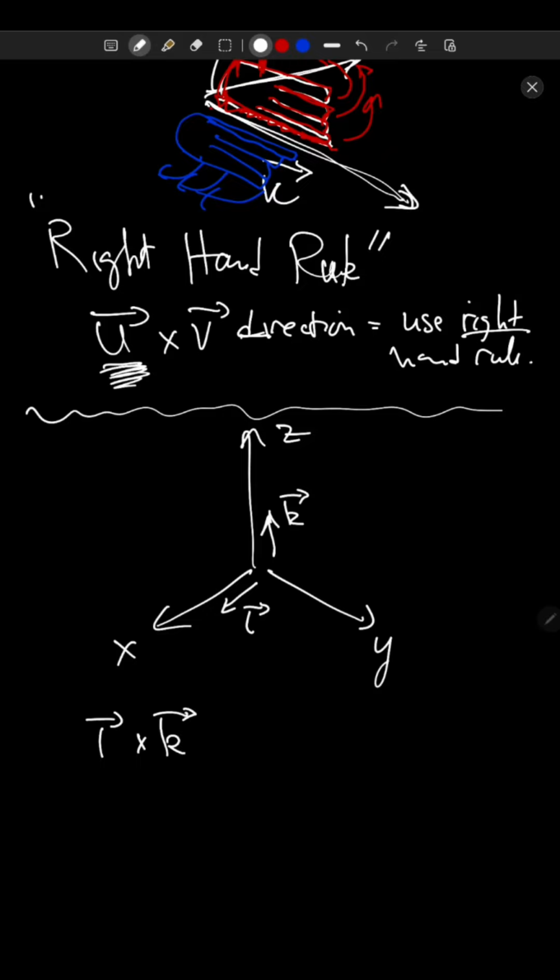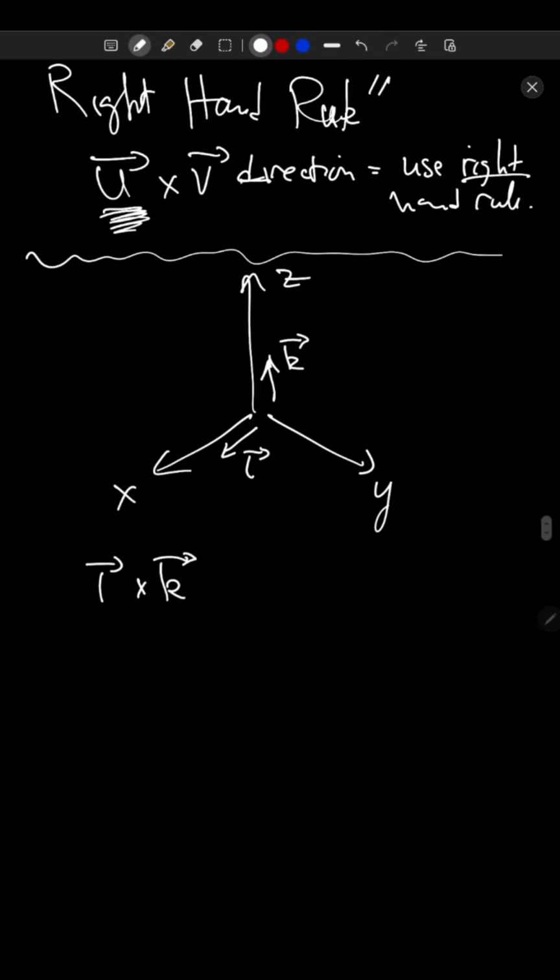It might be a good idea to pause right now and see if you can do the right-hand rule correctly. But it turns out that it's going to be minus J. All right. So if I did do this hand procedure, I would have to twist my hand so that this is my pinky there, right?